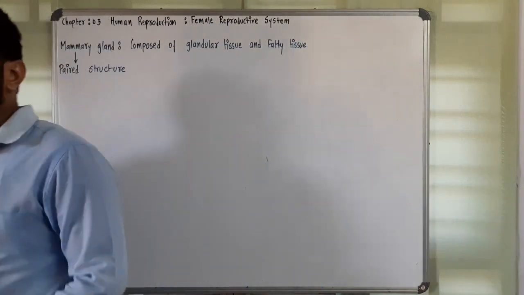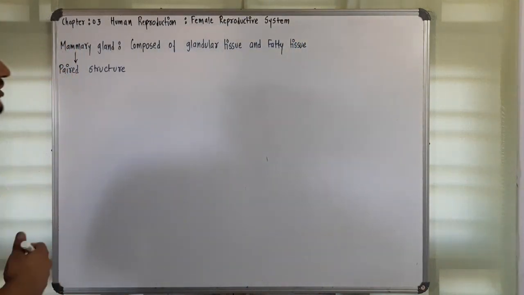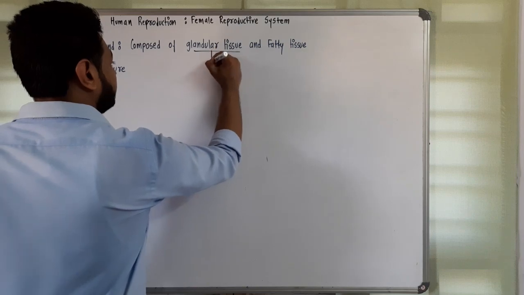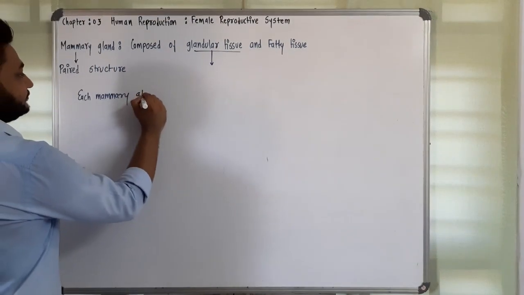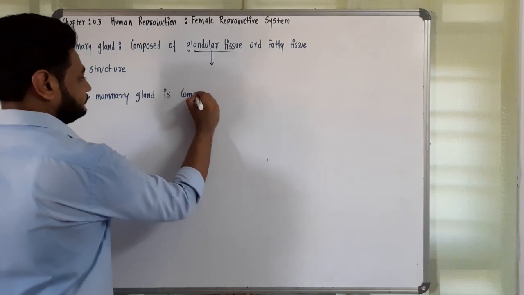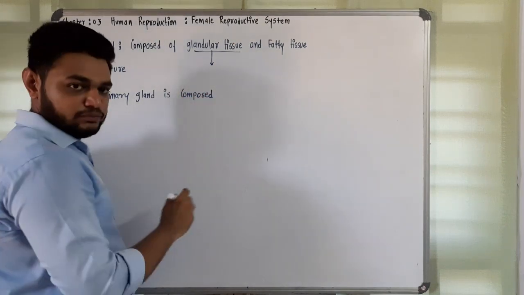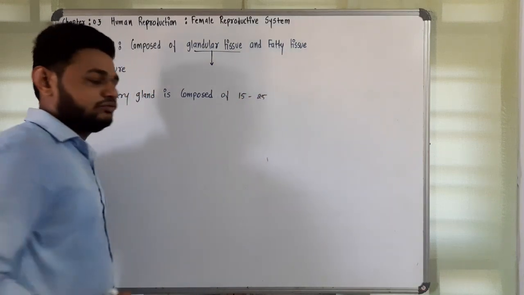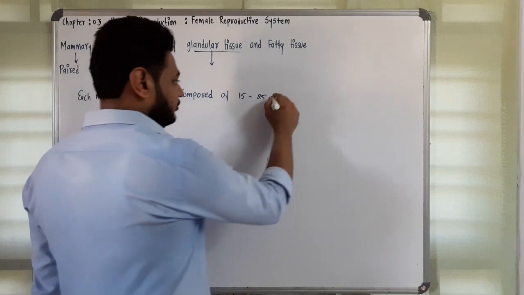Each mammary gland is composed of 15 to 25 mammary lobules.